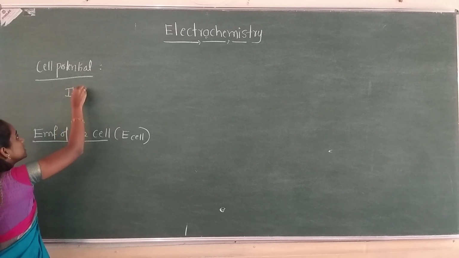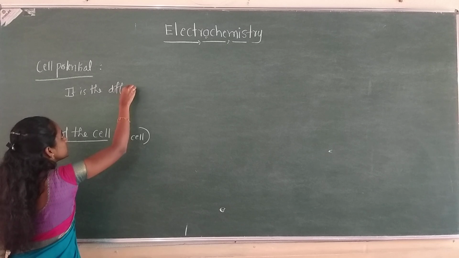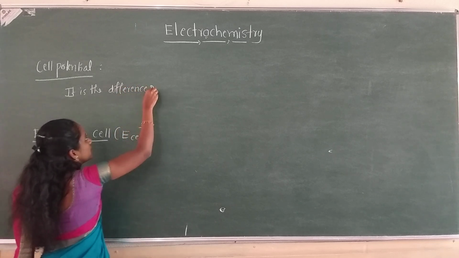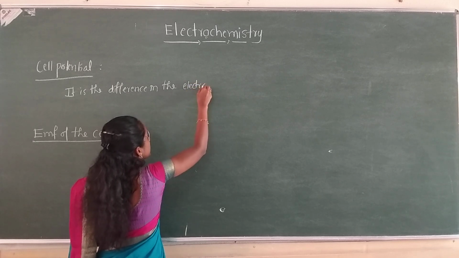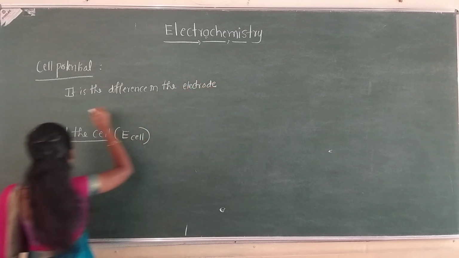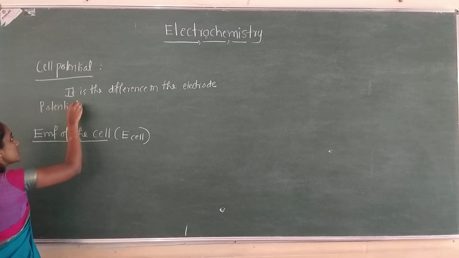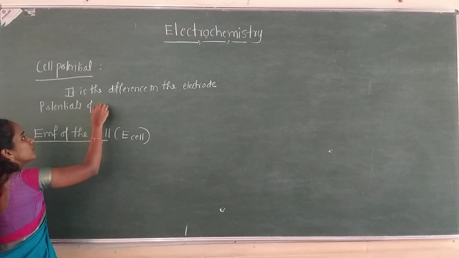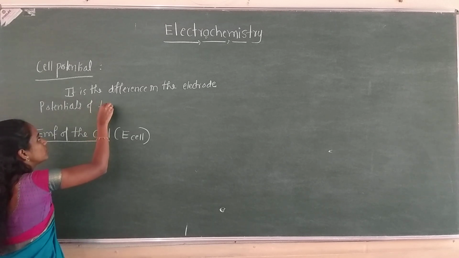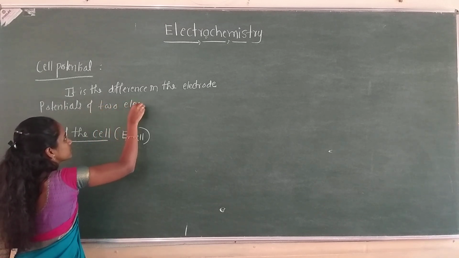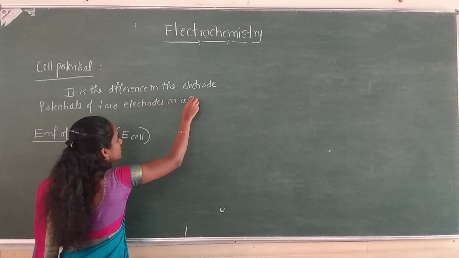It is a difference in the electrode potentials of two electrodes in a galvanic cell.